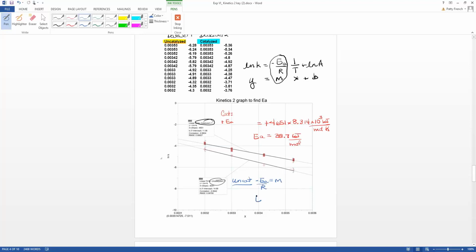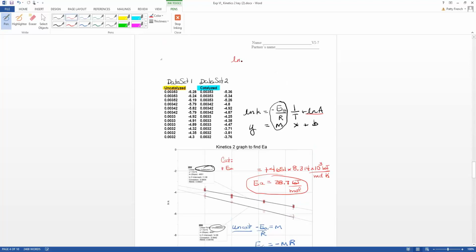So EA equals negative MR. And this activation energy is 50.2 kilojoules per mole. Well, there you have it. Now we have our activation energies. And in fact, the uncatalyzed activation energy is quite a bit bigger than the catalyzed.